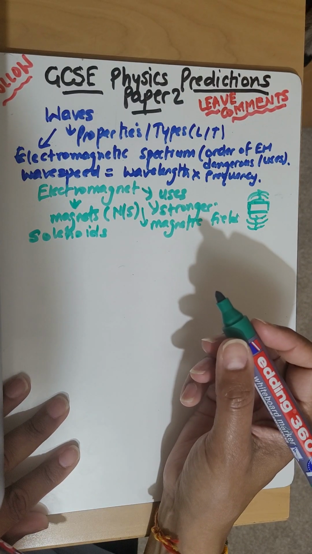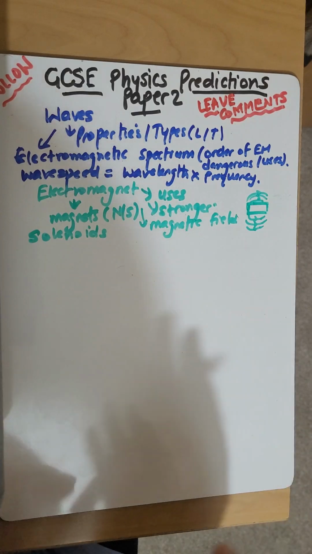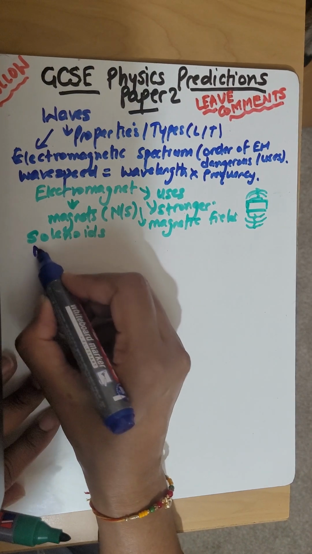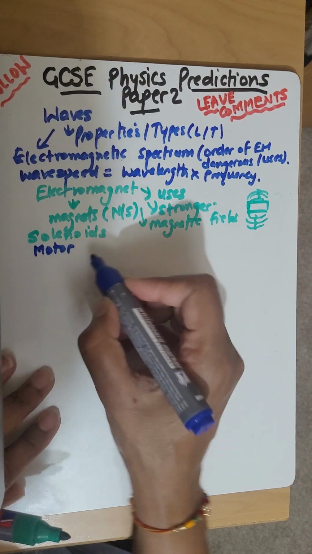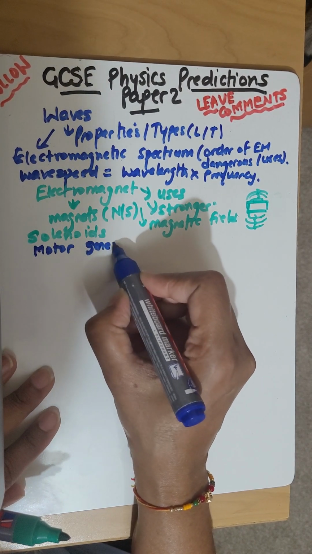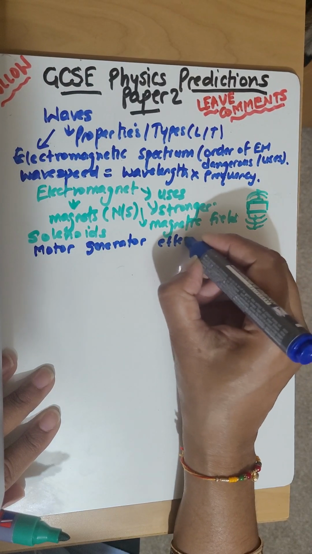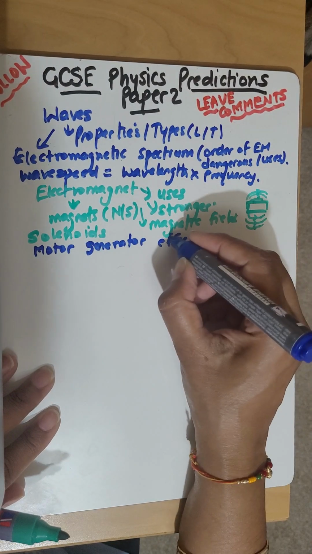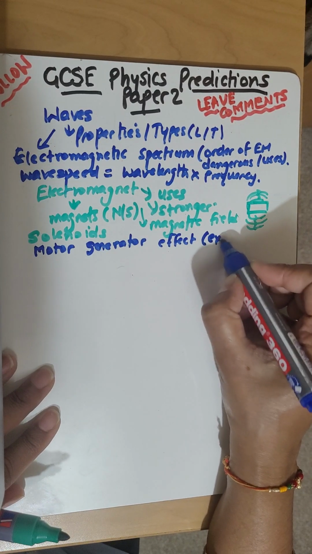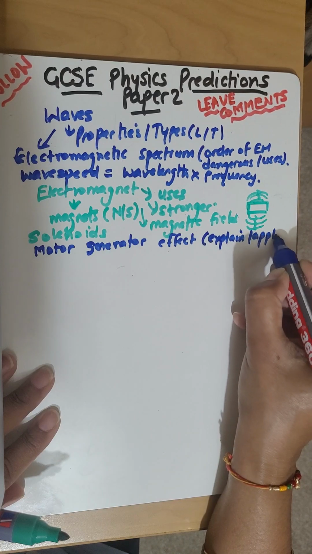Linked to this topic, you've got your motor and generator effect. So remember Fleming's left-hand rule, and you'll be able to explain and apply the rule.